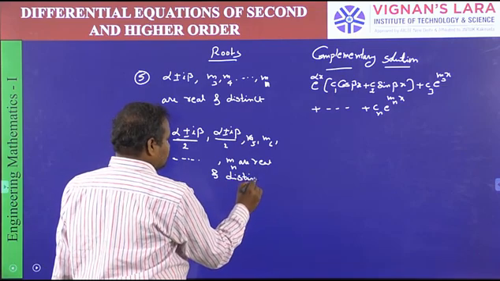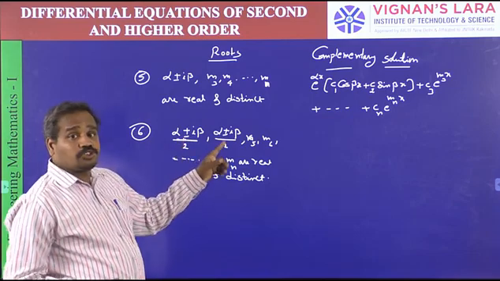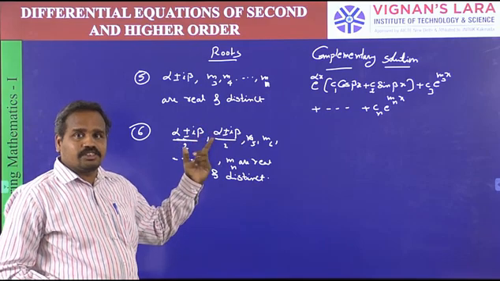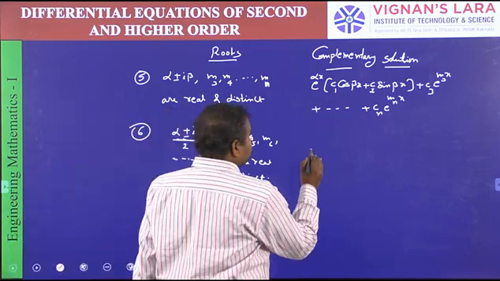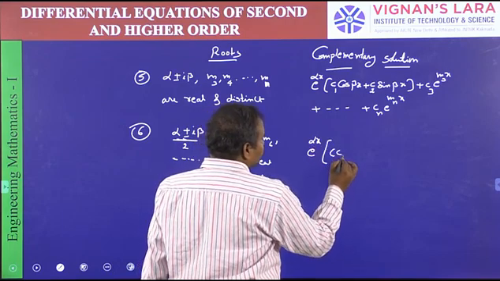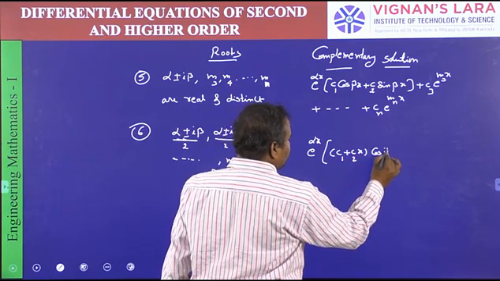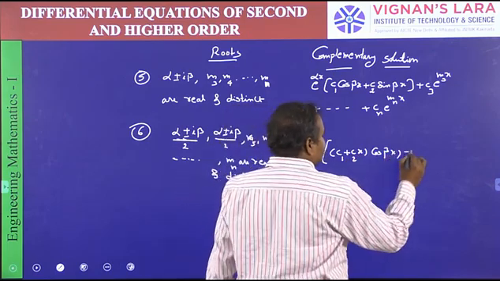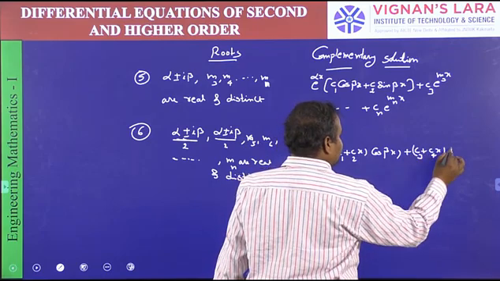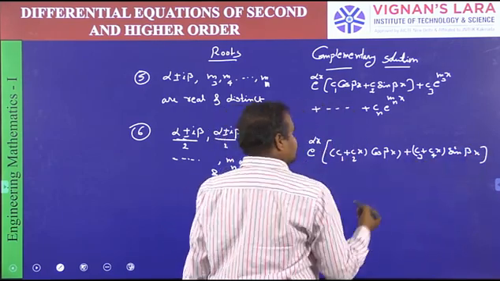In this case, what is the solution? These are two roots repeated two times. That means these roots are equal complex roots. Then the complementary solution is e^(alpha x) [(c1 + c2x) cos beta x + (c3 + c4x) sin beta x]. So four constants came, c1, c2, c3, c4.